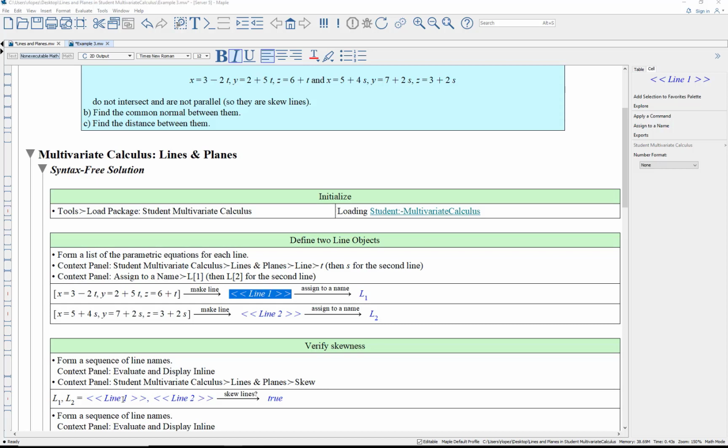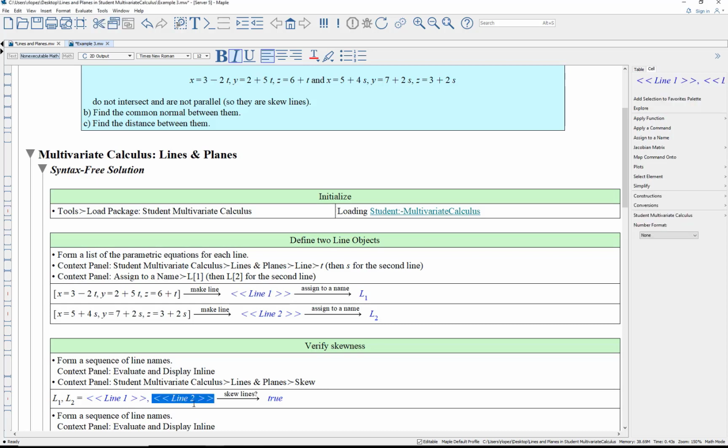So Maple echoes back these two symbols for the line constructs, the line objects, and then you query Student Multivariate Calculus, lines and planes, and you query Skew. And Maple says true.